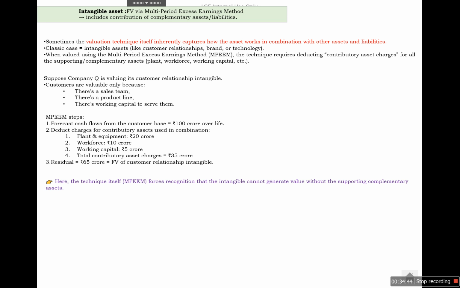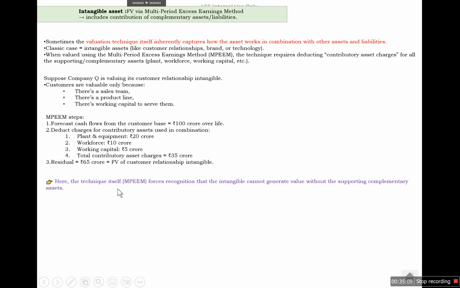Forecasted cash flow from the customer base is 100 crore over the life, and we need to deduct the contributory assets used in combination, for example plant and machinery, workforce, working capital. The total contributory asset charge is 35, so the residual 65 will be the fair value of the customer relationship intangible.